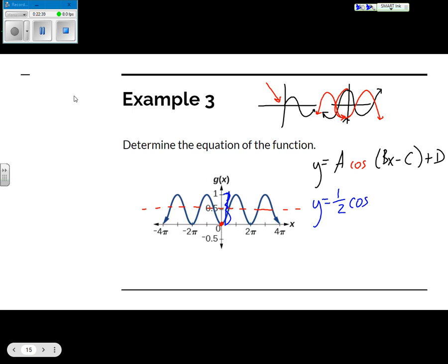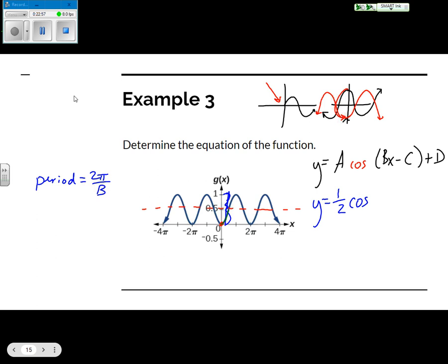Now, B, remember, I'm going to find B if there's a period change. Remember, period is equal to 2 pi over B. You could definitely move the hat and solve for B, but I'm just going to work with this one equation. So let's look at the period of this.